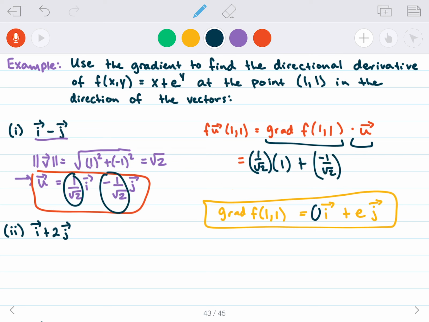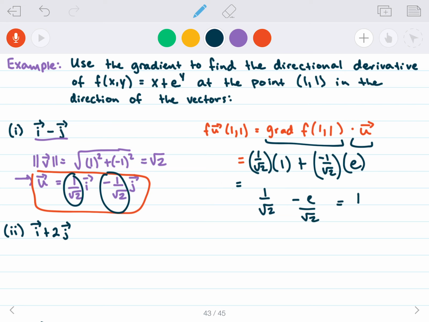So that is our dot product. And we just get 1 over root 2 minus e over root 2. So this is just (1 minus e) over root 2. So this is the slope on the surface at this point in this direction. Okay.